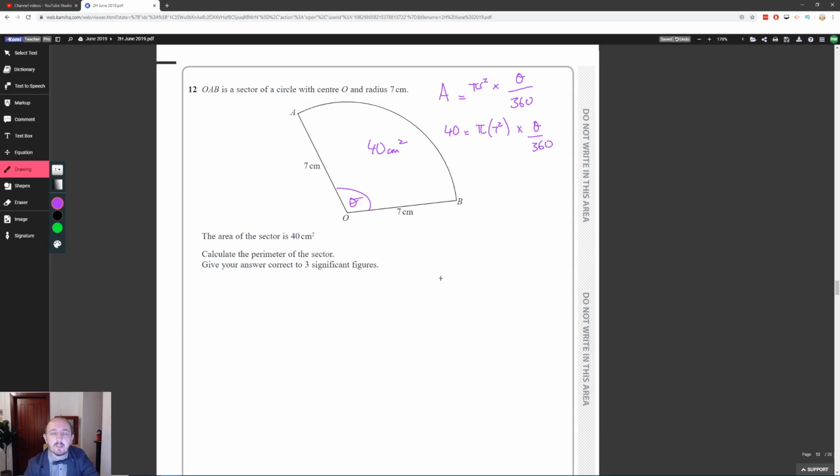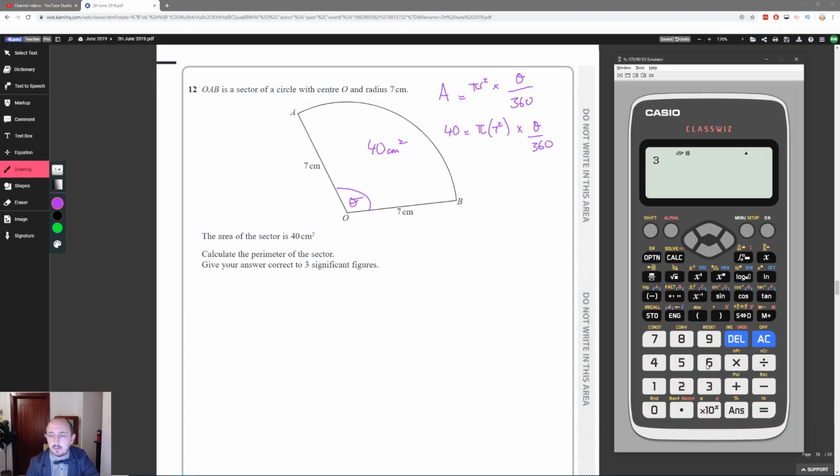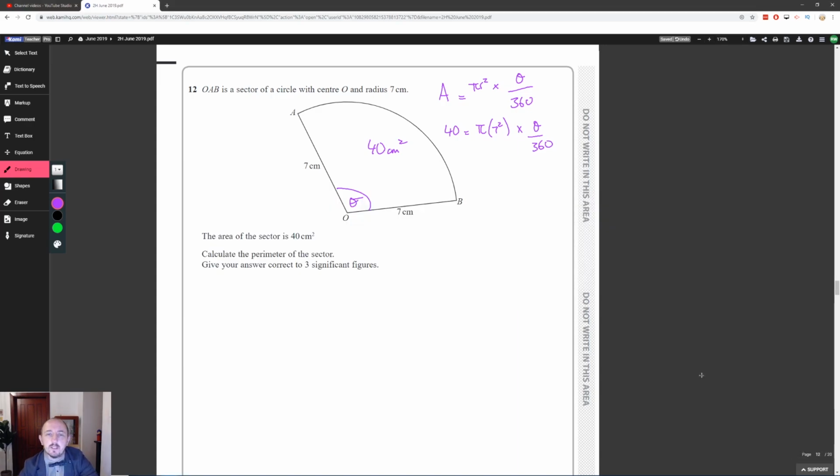Times both sides by 360, so 360 times 40, that gives us 14,400 equals 49 pi times theta. So theta is 14400 over 49 pi.